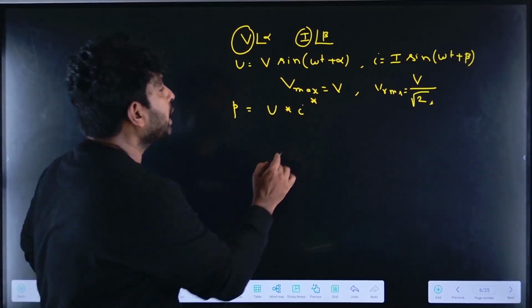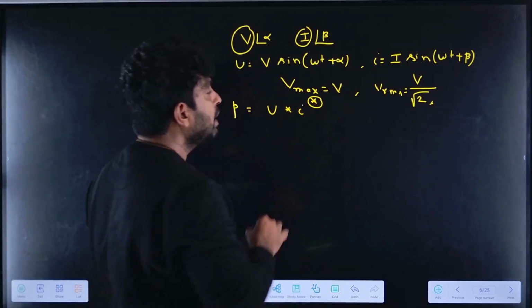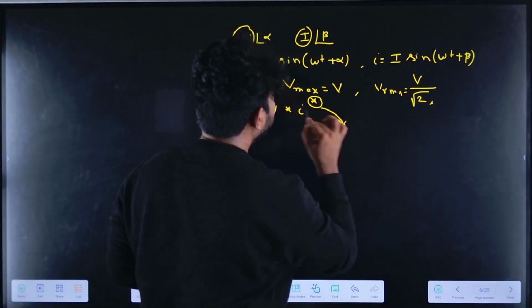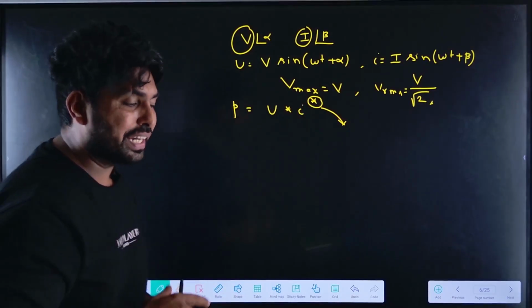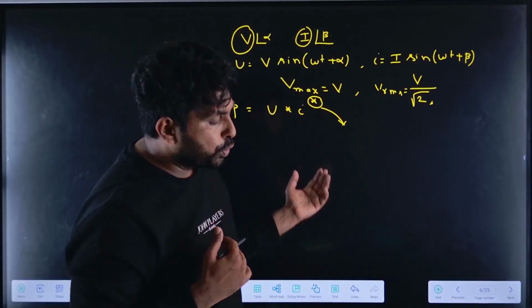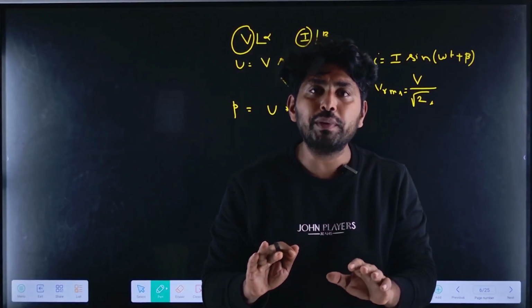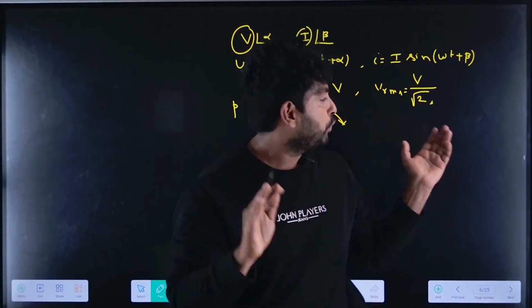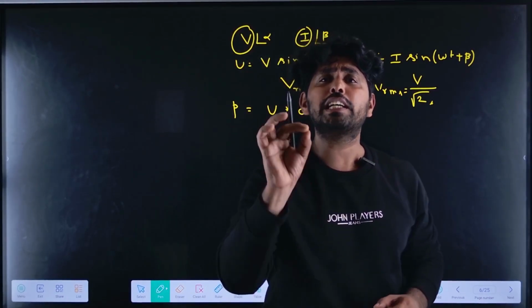Why do we need to keep the conjugate here? To satisfy the condition of the reactive power. What is the condition? To make the analysis, we are assuming that the reactive power of an inductor is positive.